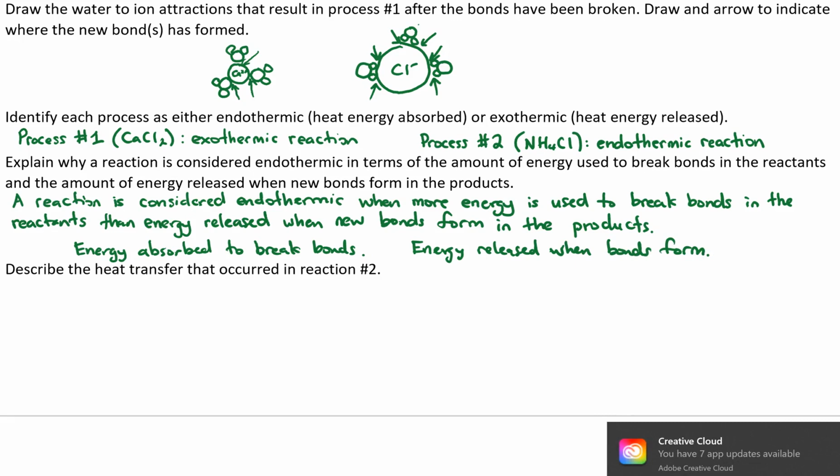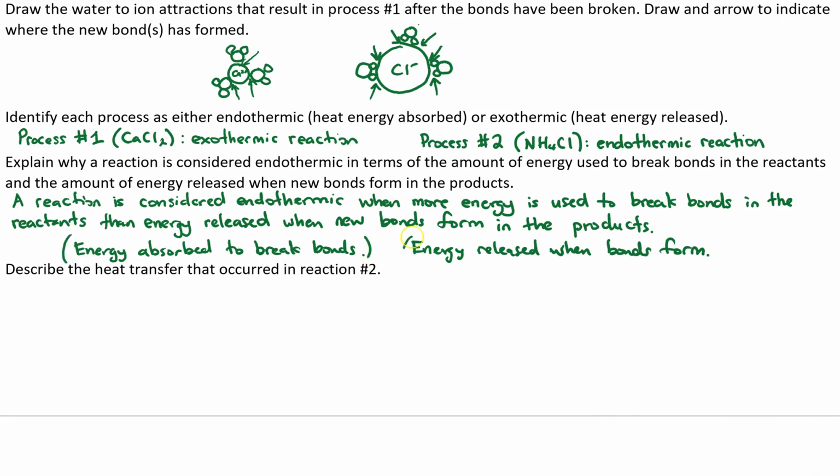Okay, so this was just a summary statement here, but the most important part was the sentence above it. The opposite is true for exothermic. A reaction is considered to be exothermic when more energy is released when new bonds form than when energy is used to break bonds in the reactants.